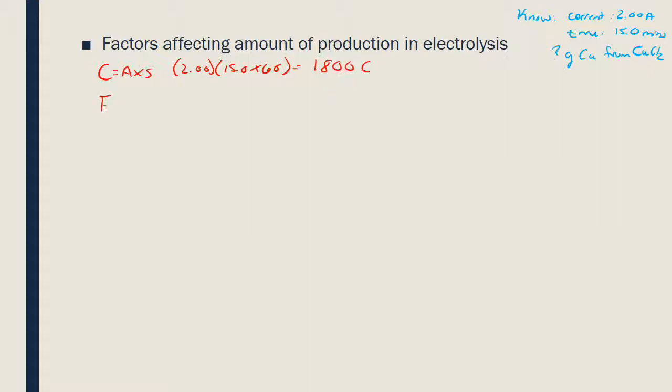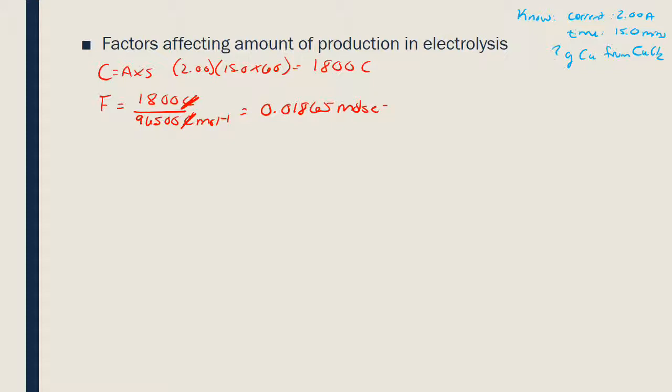Now we need to know Faraday's. So what is that in moles of electrons? We're going to take that 1,800 coulombs and divide it by Faraday's constant of 96,500 coulombs per mole. So coulombs cancels out, and we're going to get 0.01865 moles of electrons.